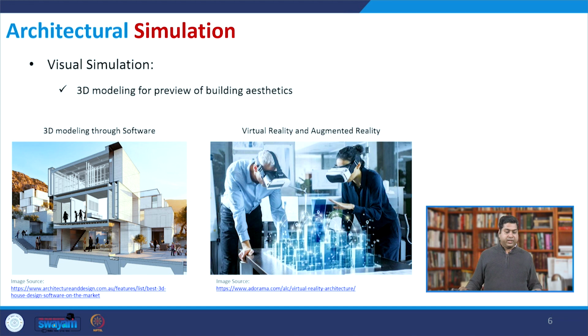Now coming to the first pointer, that is visual simulation. Those who are architects or already practicing or teaching architecture can very well relate to this: 3D modeling for preview of building aesthetics.